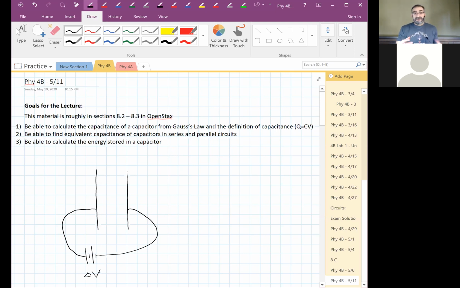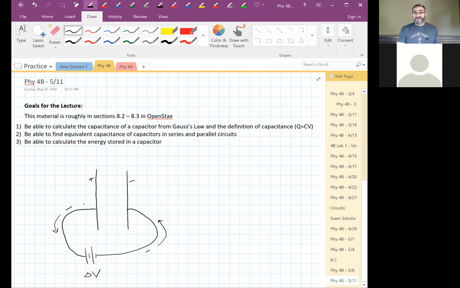So it doesn't matter how you think of it. Pulls positives off of one plate, puts them on the other. Really, we know it's pulling electrons off of the left plate. So it pulls an electron off of that plate and moves it around and puts it over here. And that leaves the lack of an electron, or an excess positive charge, on one plate.